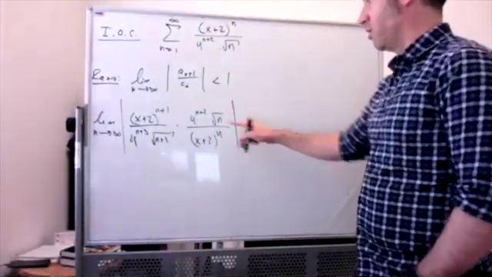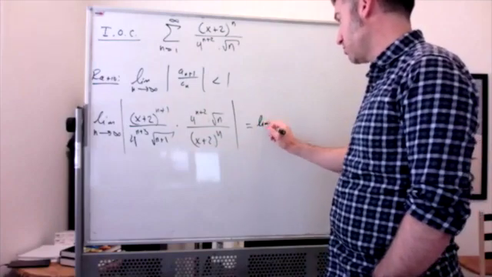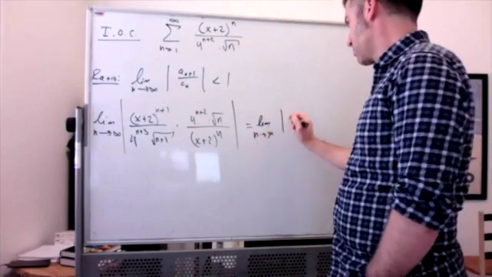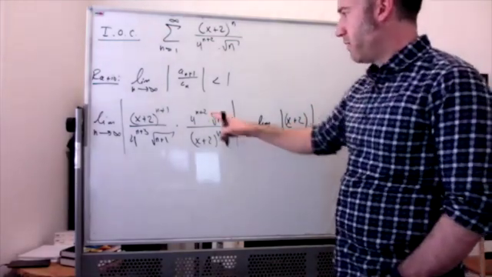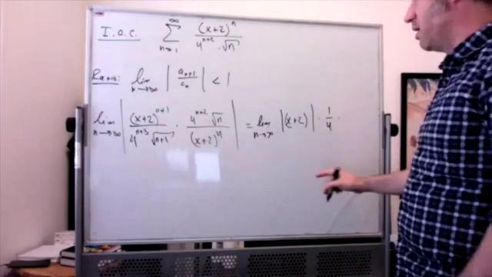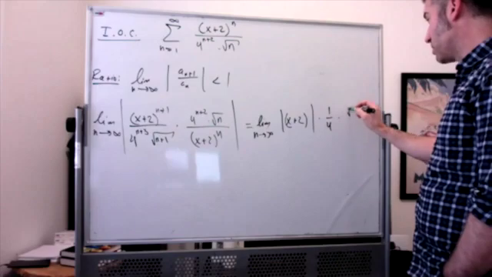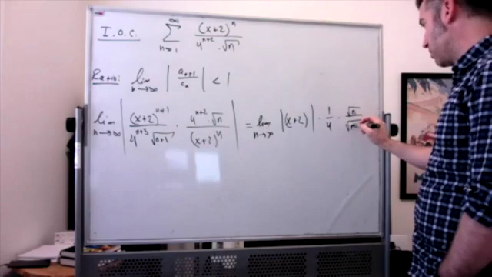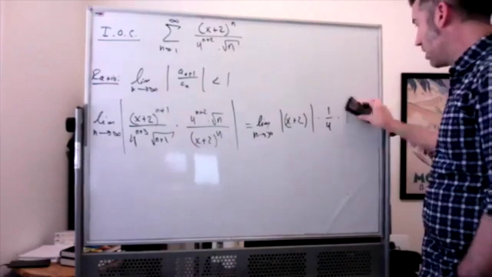Okay, simplify. (x plus 2) to the n plus 1 divided by (x plus 2) to the n is just going to be x plus 2. And 4 to the n plus 2 divided by 4 to the n plus 3 is going to be 1 over 4. And the square root of n over the square root of n plus 1 you can write as the square root of n over n plus 1.